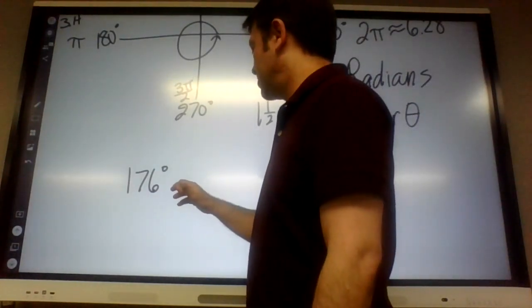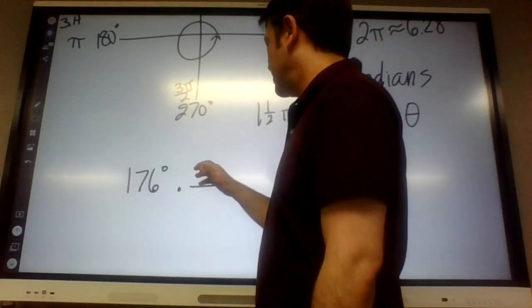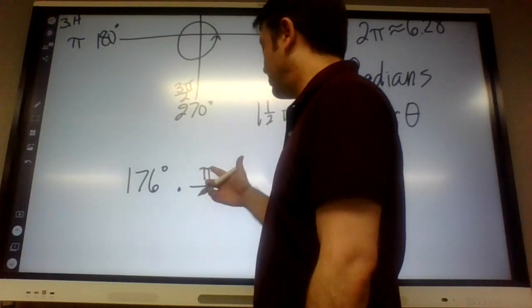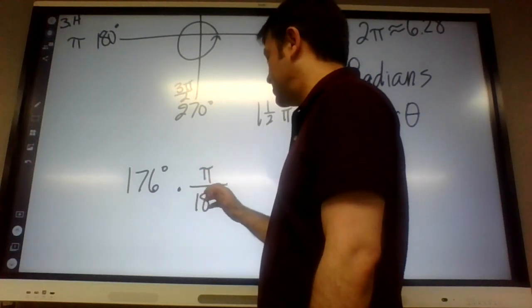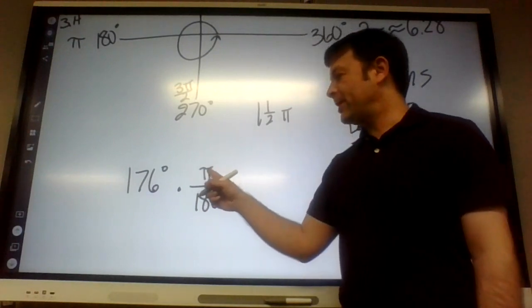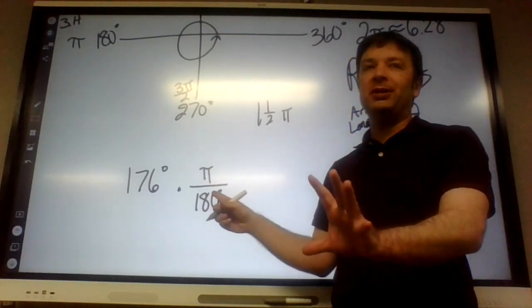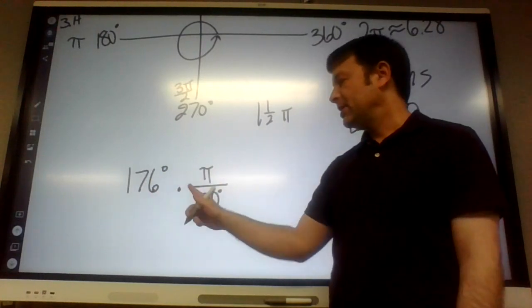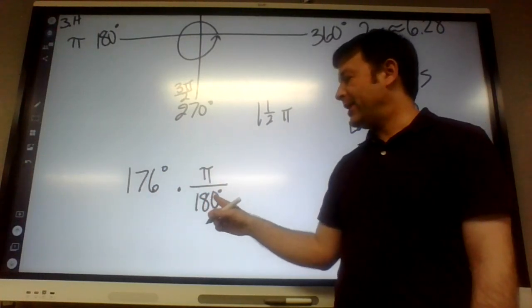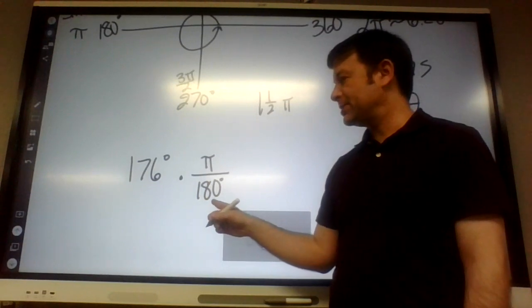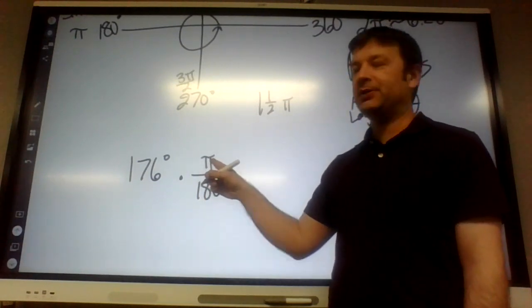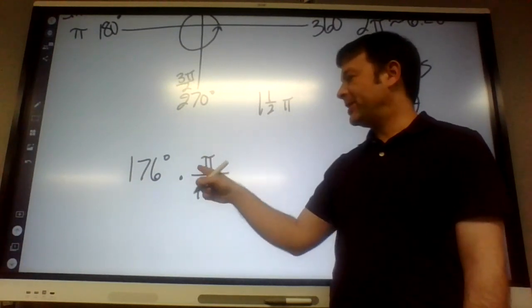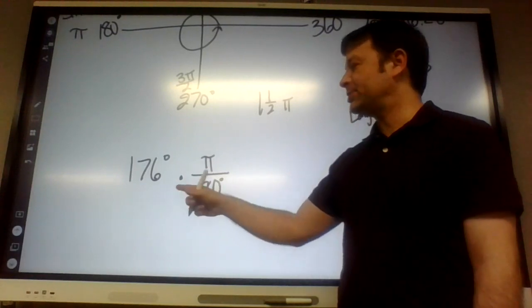Okay, so you guys know how pi radians is equal to 180 degrees? When you're multiplying by pi over 180, you're multiplying by 1, and it's keeping the value the same. So what you want to do is divide out the degrees and multiply in the radians. So the multiplier is pi over 180, and basically this is what you plug in.